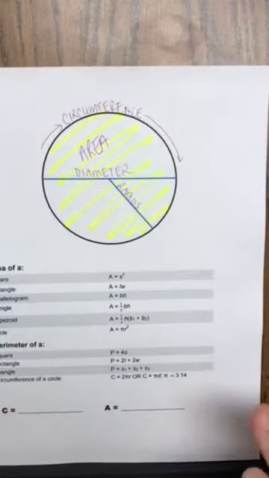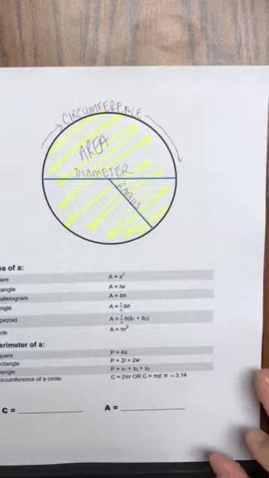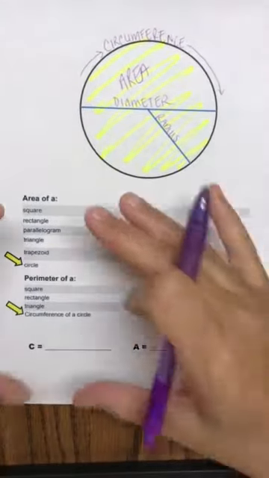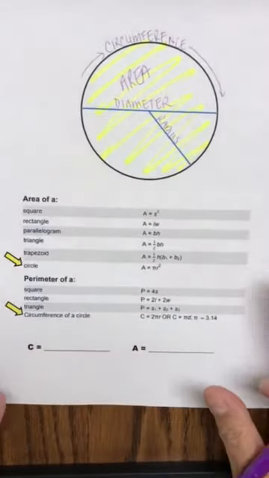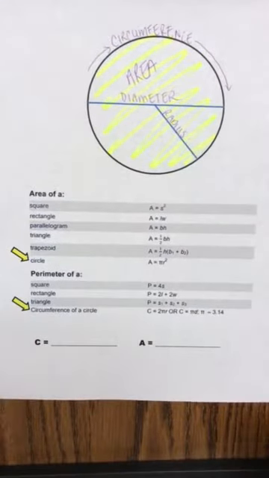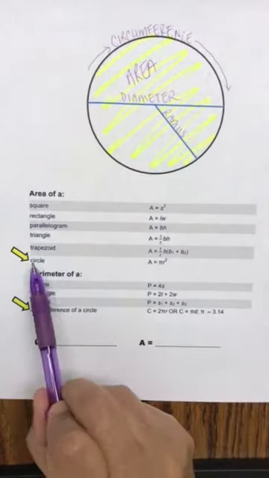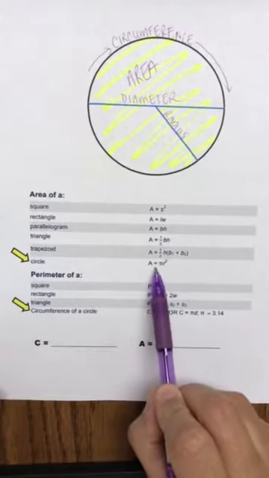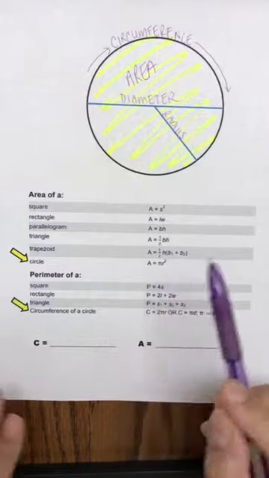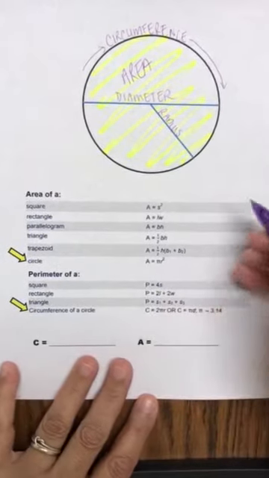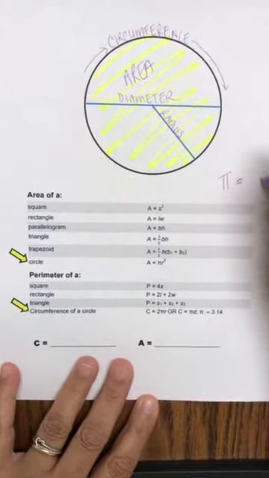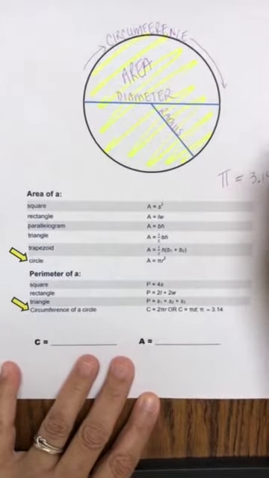Okay, so when you go to take the GED test, they will give you a formula sheet. And this is a little piece of the formula sheet. And on that formula sheet, it's going to actually give you the formula to find the area of a circle, and that is A equals pi r squared. Okay, pi is approximately equal to 3.14.